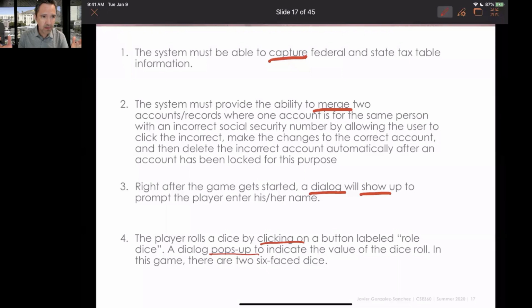And the reason, because I am moving forward, I am almost out of time, but capture, merge, dialog box show up, click, pop up, all of those are things that I am asking the system to do, functionalities for the system to have. You can read the full statement, but everything there is a complement to the action that I am underlying, right?